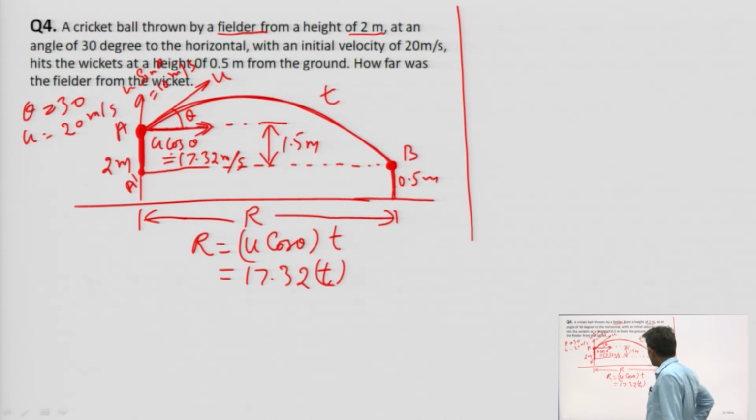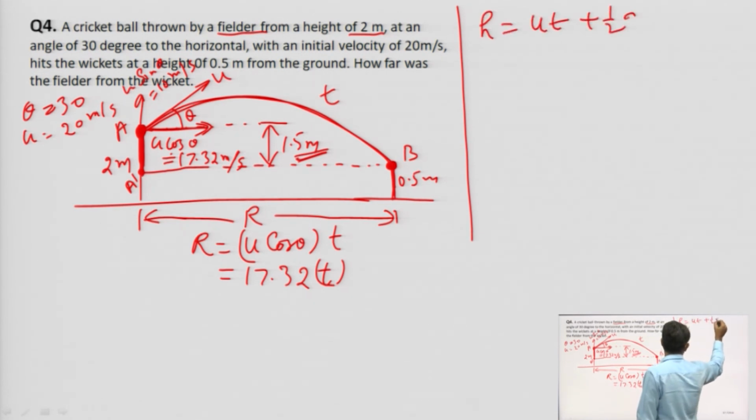The value of t can be calculated by this given distance. This is the only data that has been given, so definitely we need to use that data. U is given to us, distance is given to us, so we need to apply h is equal to ut plus half at square.